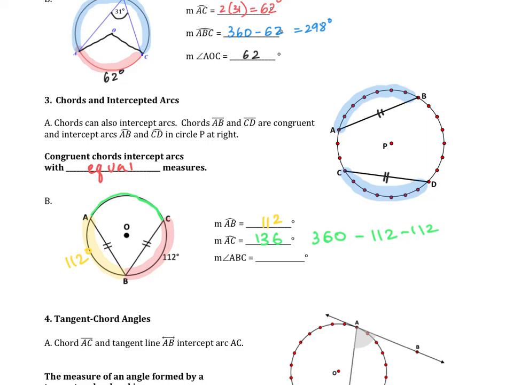Now if I look at the angle ABC, that's an inscribed angle because the vertex of the angle is on the circle. So that means it's going to be half the intercepted arc, 136. So half of 136 is going to be 68 degrees. So remember that the inscribed angle is equal to half of the intercepted arc. In this case, angle B is equal to half the arc AC.